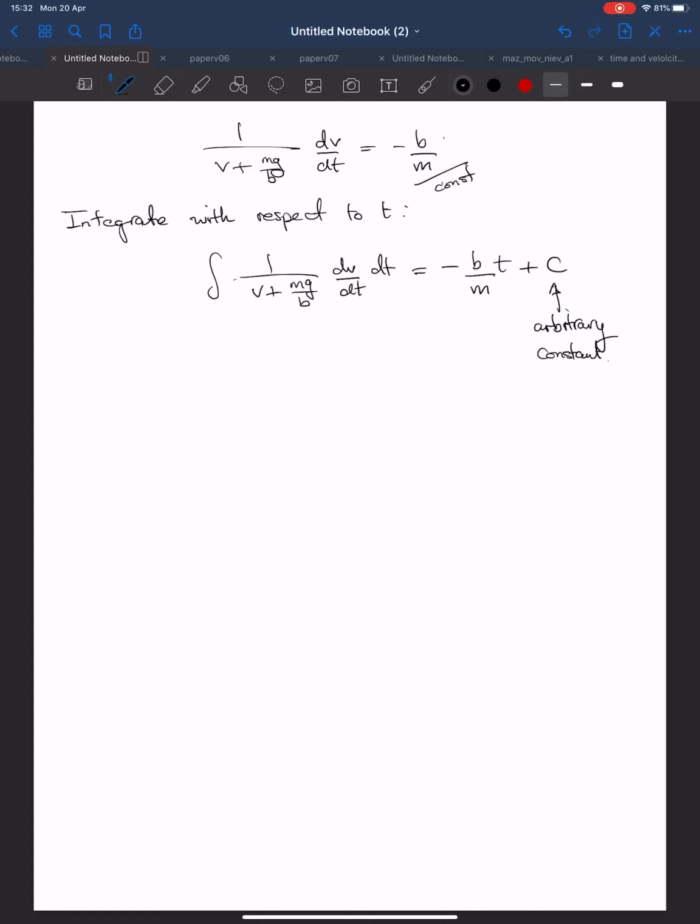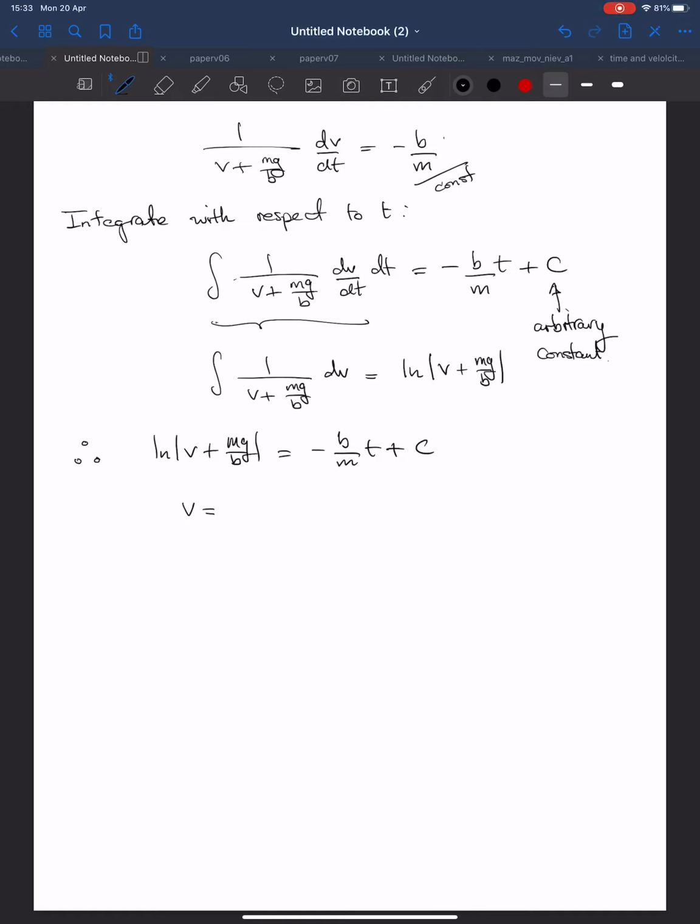And simultaneously, on the left, well, this is just the integral of 1 over v plus mg over b with respect to v, which of course the standard integral gives you this. Therefore, ln modulus of v plus mg over b equals minus b over m t plus c. Now I'll rearrange. I'll take the exponent of both sides.